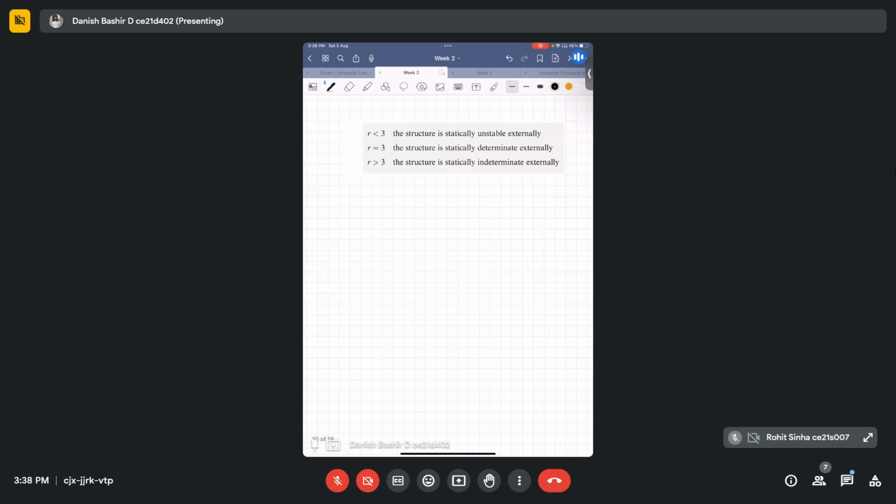So if this R value is less than 3, the structure is statically unstable externally. As I already told you, the degree of static indeterminacy I is equal to R minus 3 for a 2D structure. So if R is less than 3, we will have I negative.